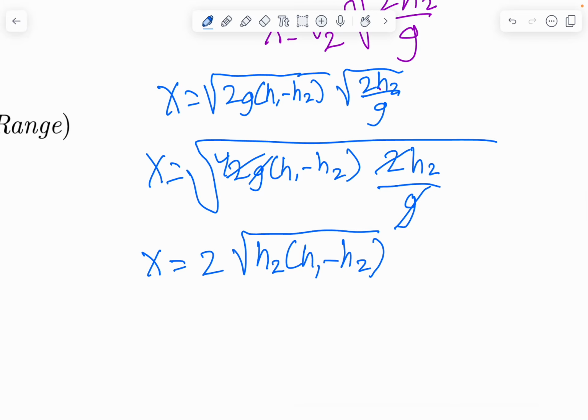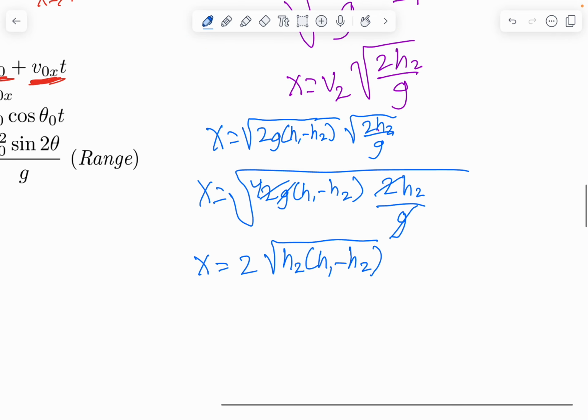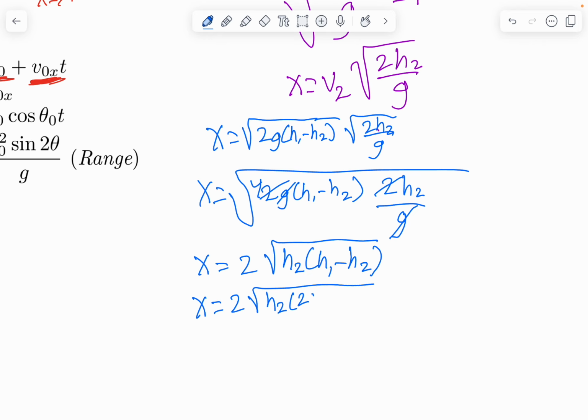Okay. So then we know h1, right? h1 is 29.8 centimeters. So x is equal to 2 square root of h2 times (29.8 minus h2). So then we have one function. You can pretend x is y and h2 is x. You can graph it and find the maximum.